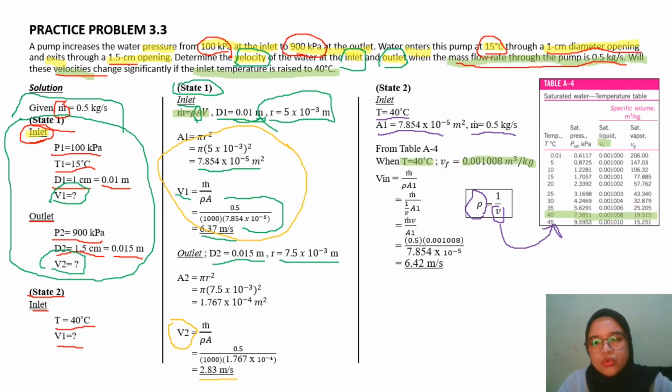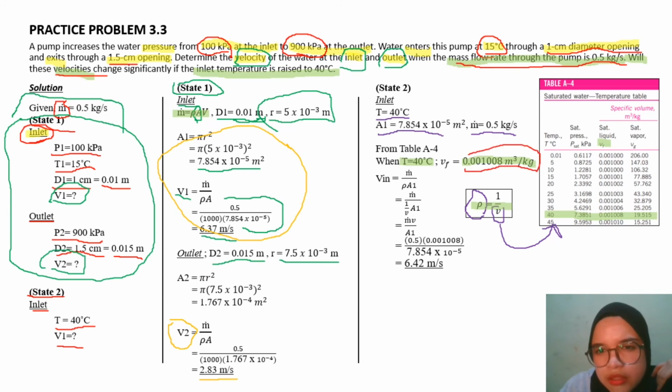Because we want to find the inlet, we use area 1. So we can convert the density as I stated here, which is 1 over specific volume, because we have got the specific volume in the table beside here.